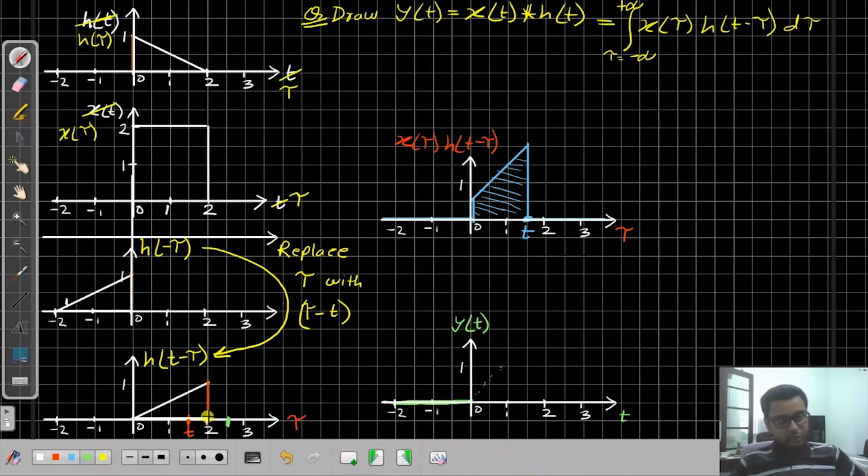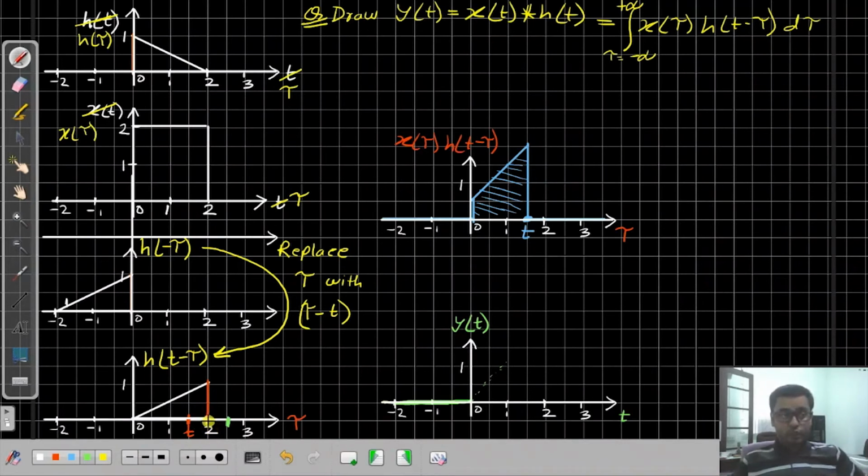At this moment, when this red line is at t equal to 2, then the overlap is maximum between x(tau) and h(t minus tau). So the value of y will be maximum at t equal to 2.